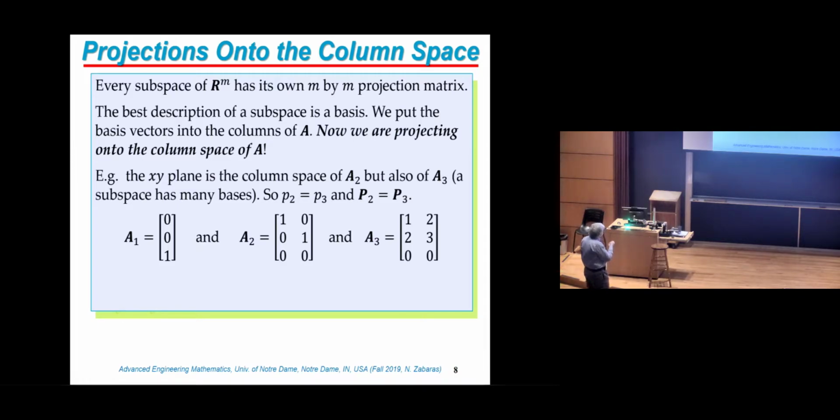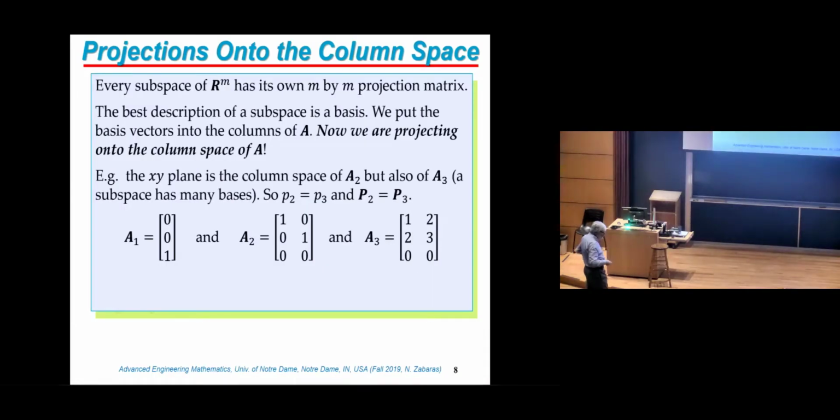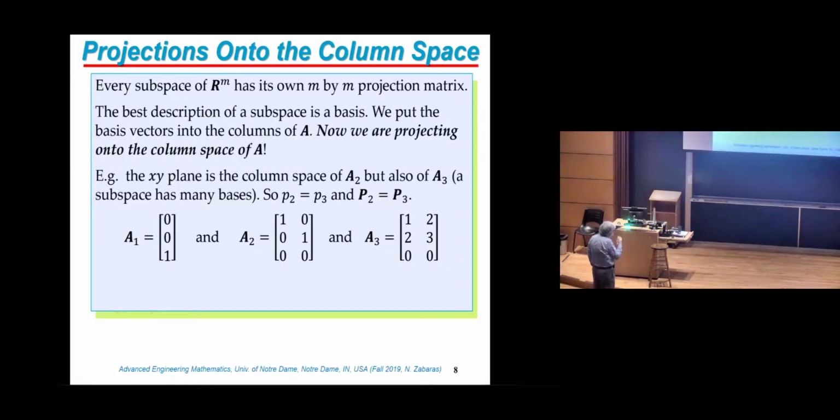Now look at these two matrices here, all right? How many independent columns do they have? The column space is in R cubed, and each of them has two independent columns. So effectively, if I try to project on the column space of A2 and the column space of A3, the answers will be the same.